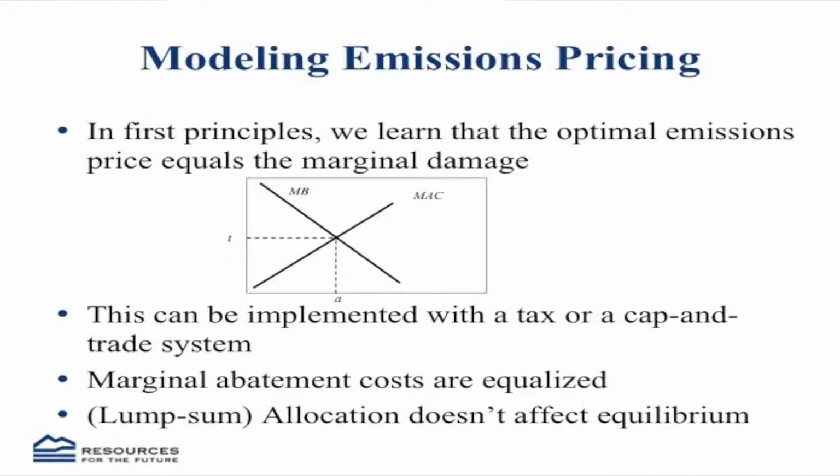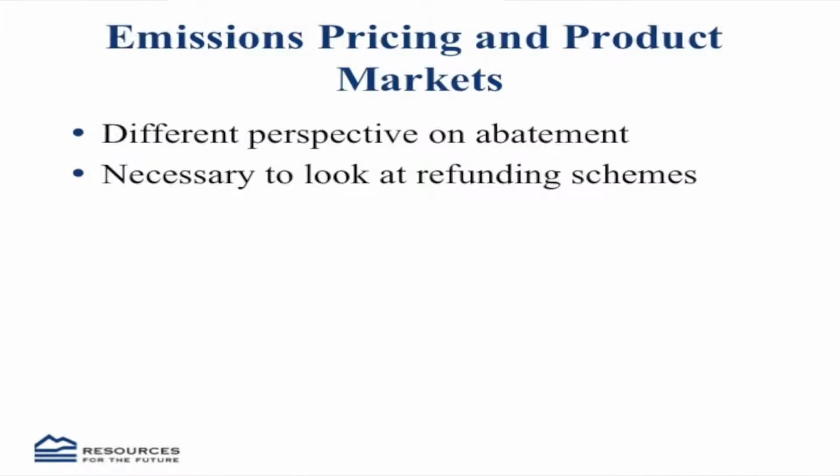If the allocation is unconditional, you get this pot of money regardless of what you do, or you get this number of allowances regardless of what your subsequent behavior is.